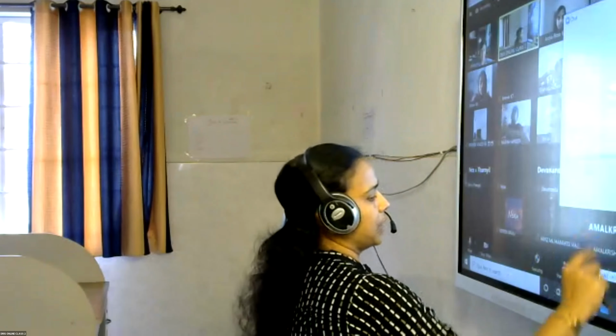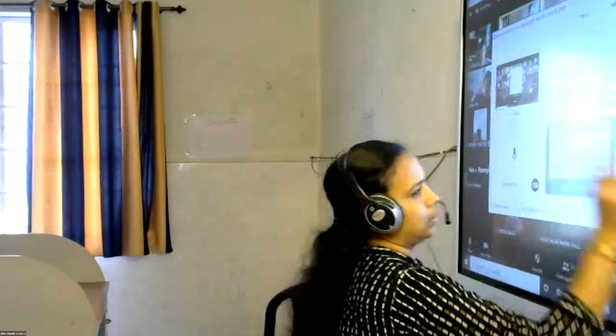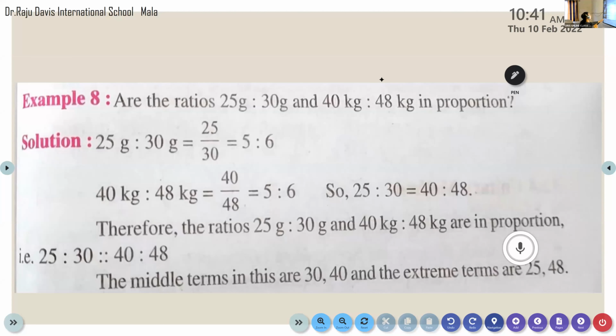Okay, children. Now we will do one example. Are the ratios 25:30 and 40:48 in proportion?